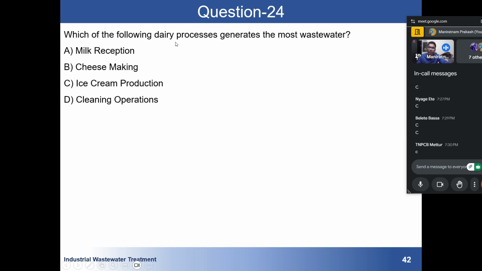Which of the following dairy processes generates the most wastewater? Answer this.